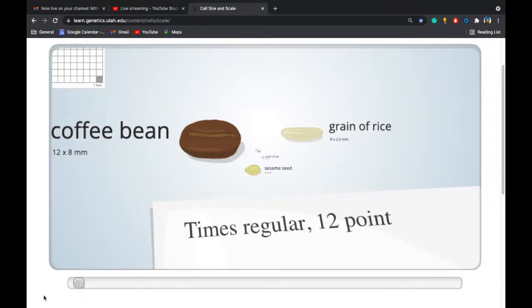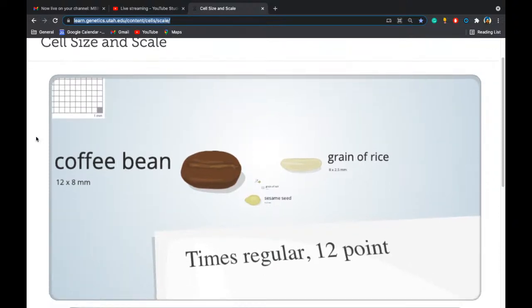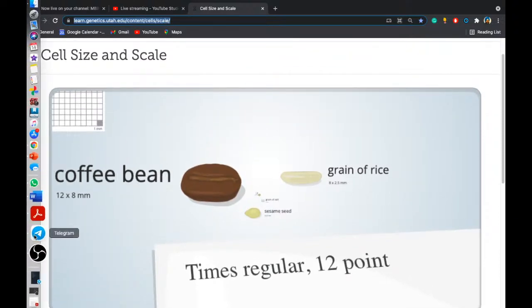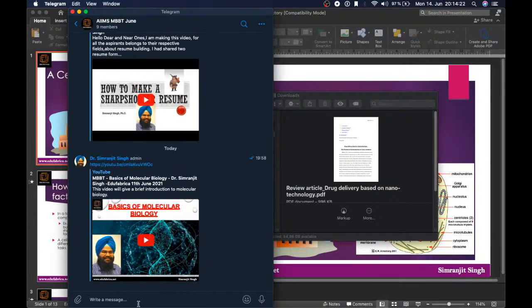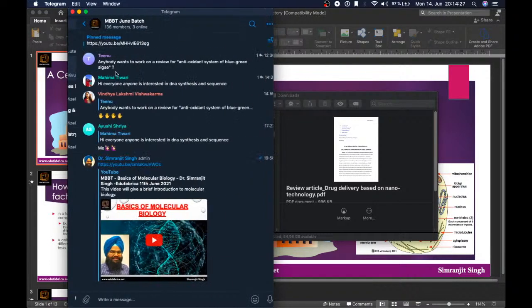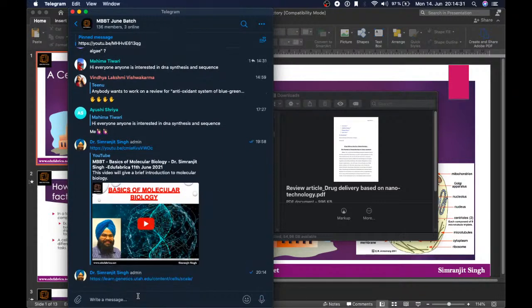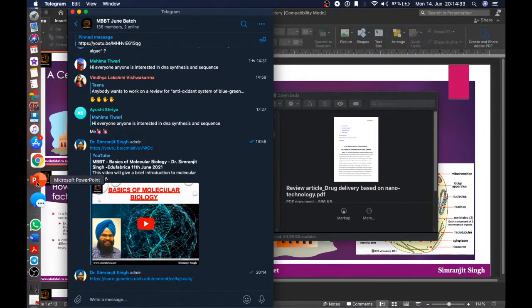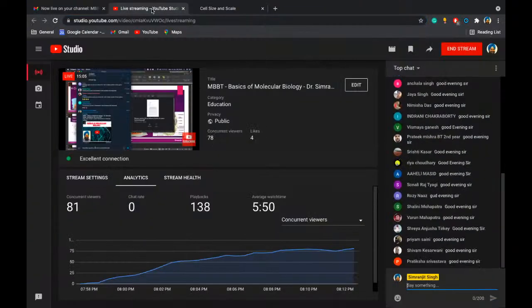So that's cell size and scale, and how they make an impact on our body. I will keep sharing these in two groups. So far so good.